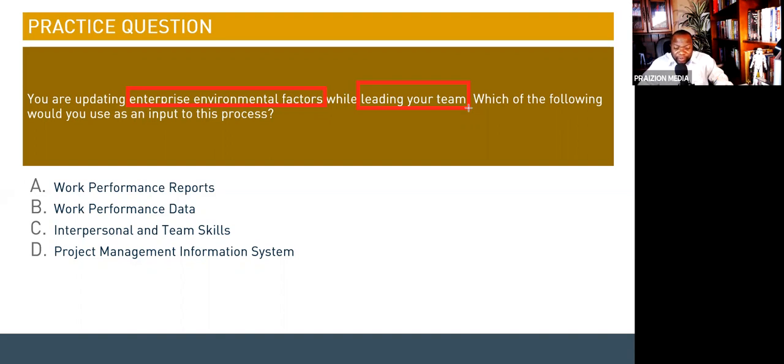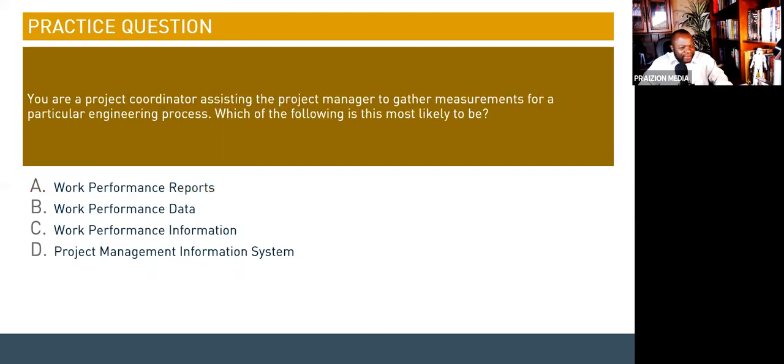And the input to manage team listed here, the only one, is work performance reports. See? So my job eventually is to get you to the point where you know what they're talking about in the question and you feel comfortable enough to choose the right answer. Okay? So we go to the next one.